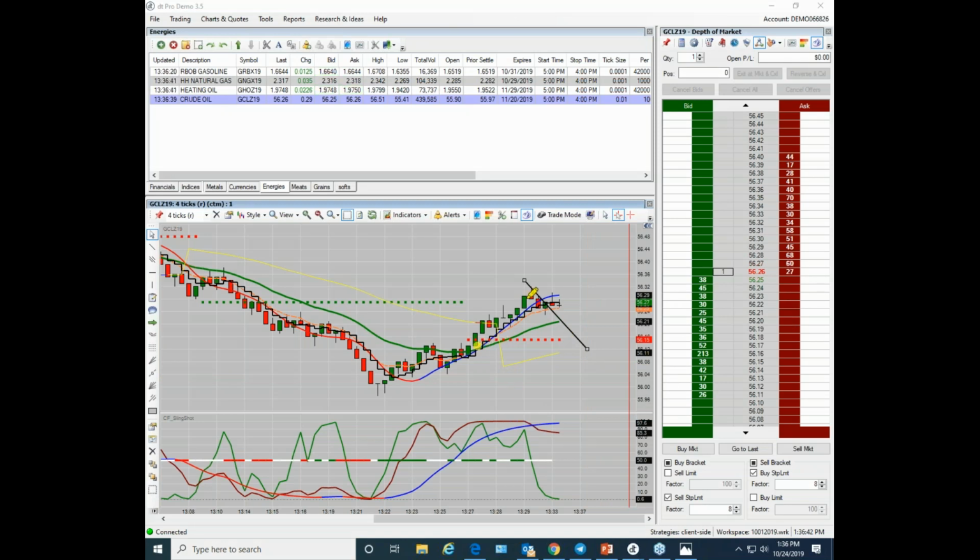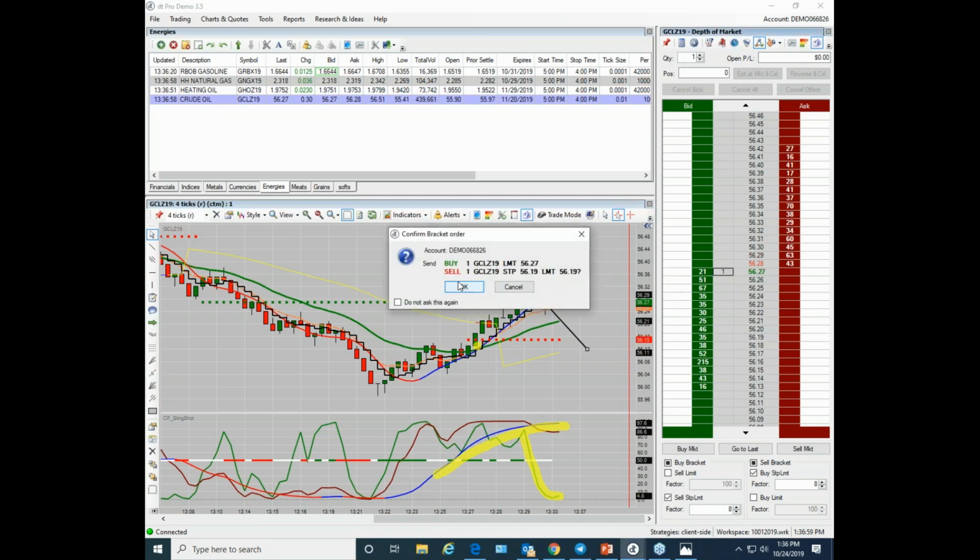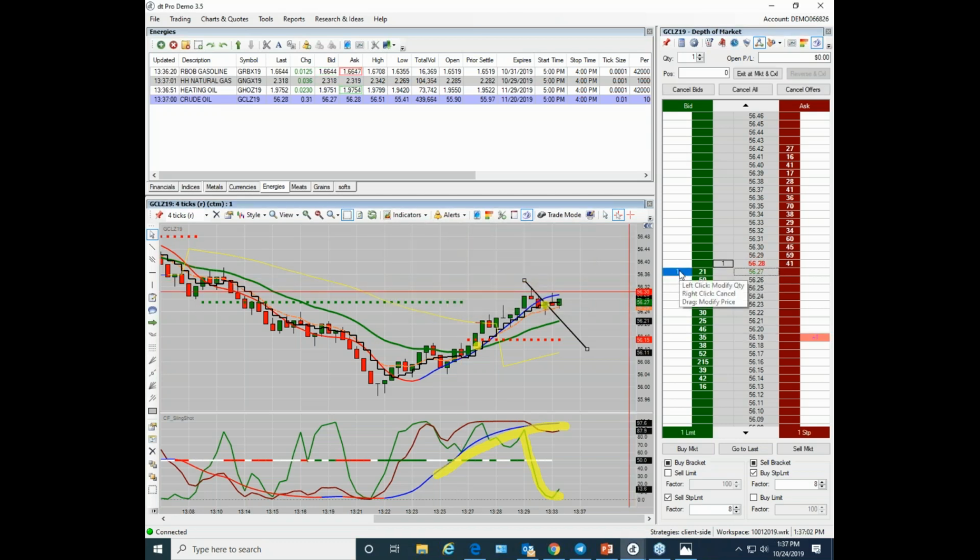Bullish cross, a pullback to the BBC, doesn't quite get there. We have a blue cycle, and we got a separation, okay? Trying to get long right here.